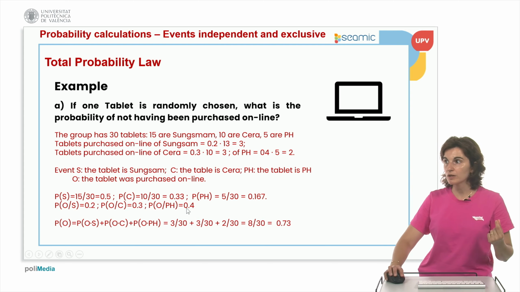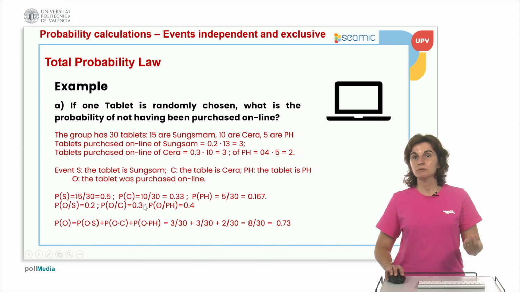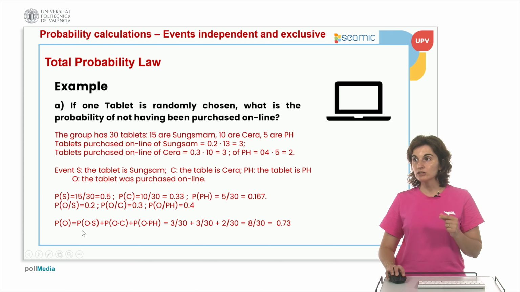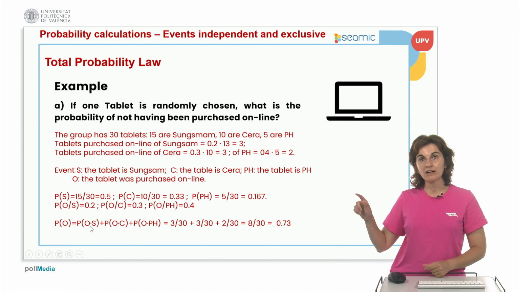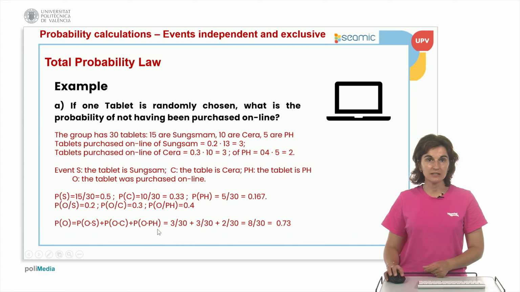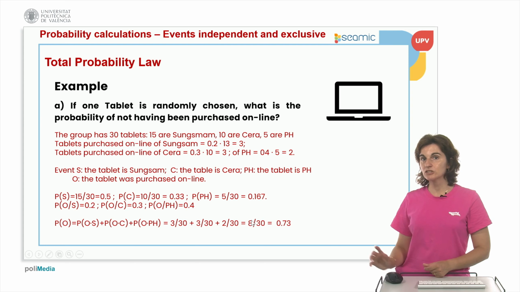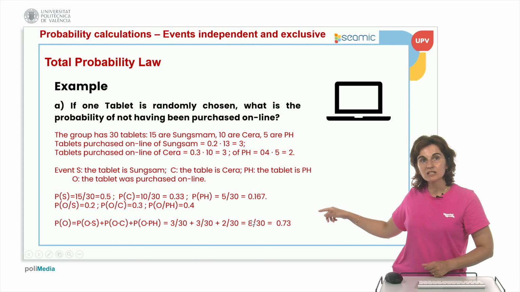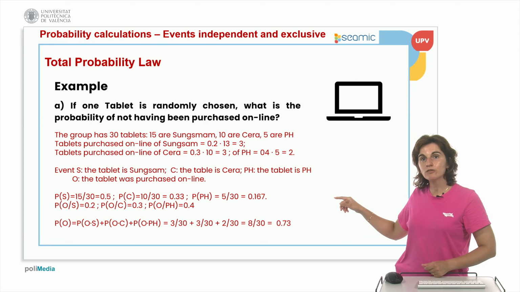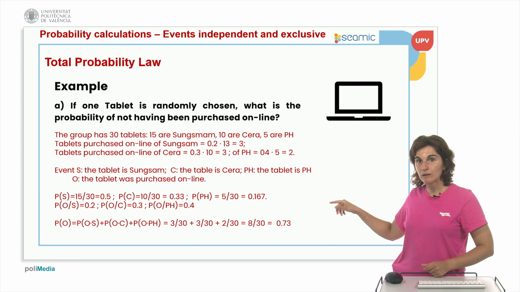So if you apply the formula, you can obtain that the probability of purchasing the tablet online will be the joint intersection between online and Samsung, plus the probability of online and Zira, plus the probability of online and PH. So you can just add these probabilities, and consider the addition of these three. And with this, you will obtain the probability of purchasing the tablet online.